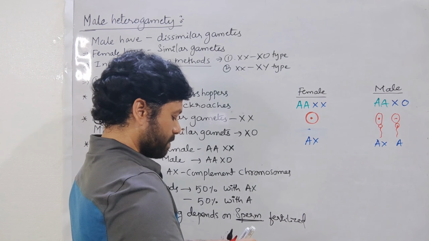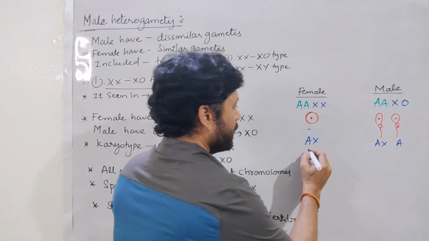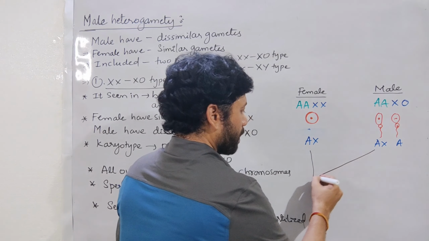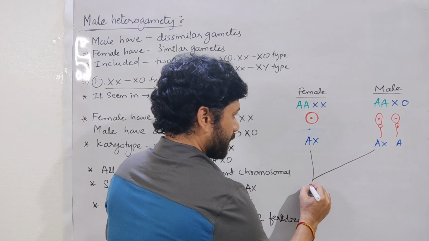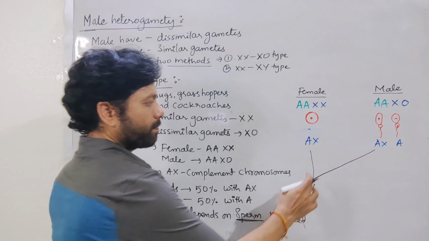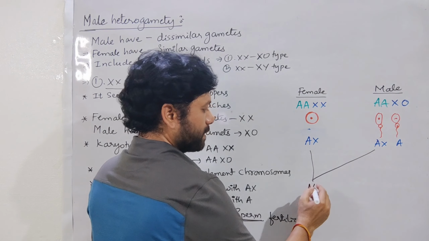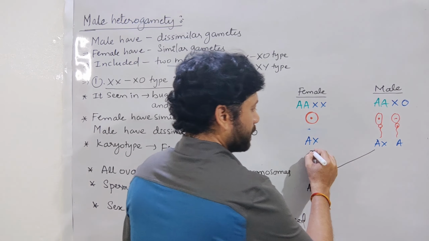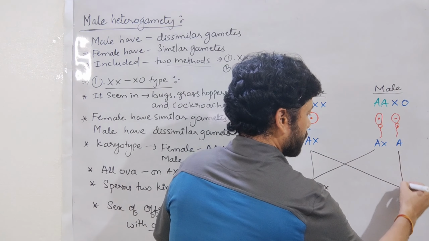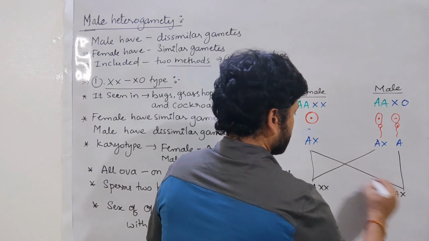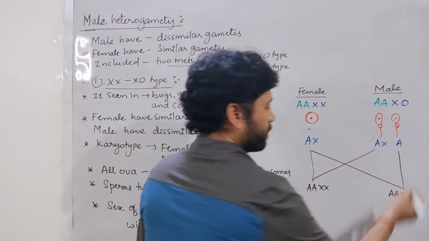Now let's cross between them here. So here, AA, okay, AX, AA, XX. Here the what? AA, X, O. It means what?